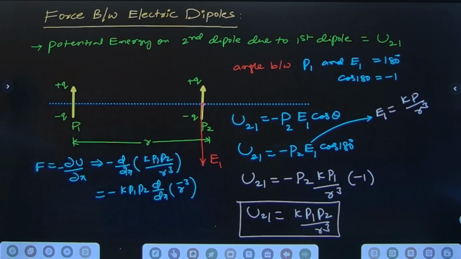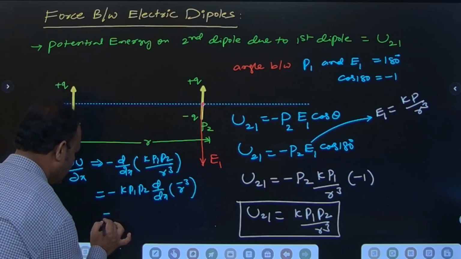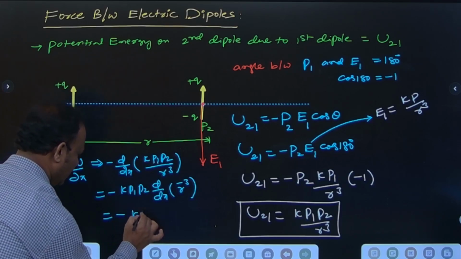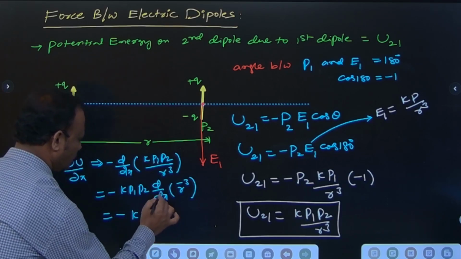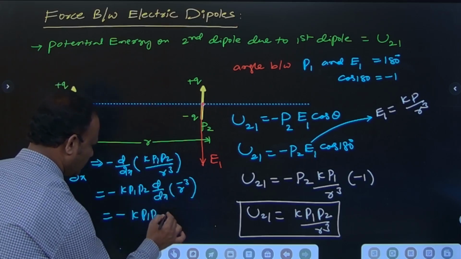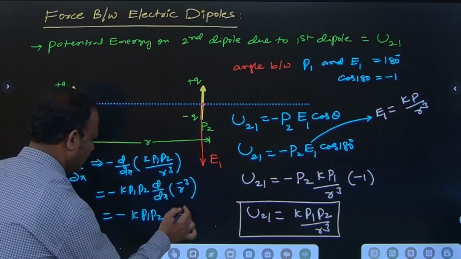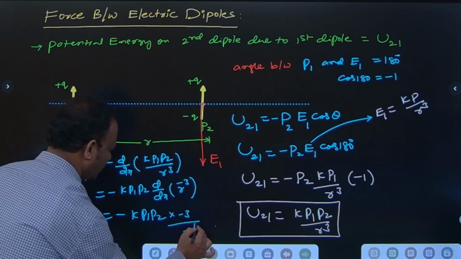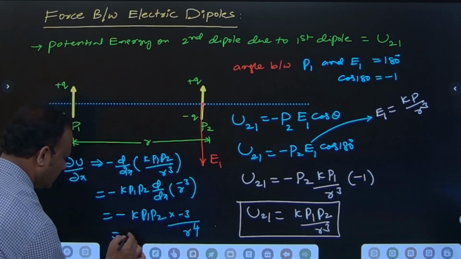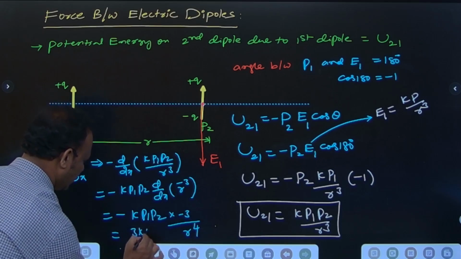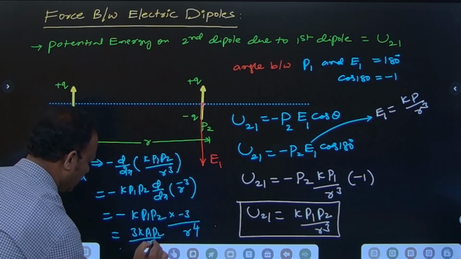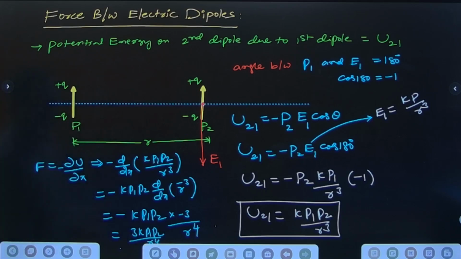So F is equal to minus K P1 P2 times minus 3 by r to the power 4. The answer is 3K P1 P2 by r power 4. So the force between the two dipoles is F equal to 3K P1 P2 by r power 4.